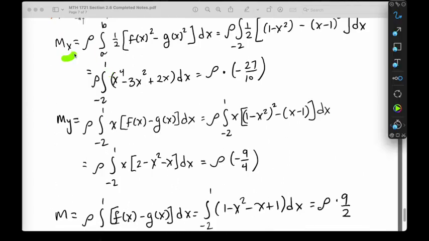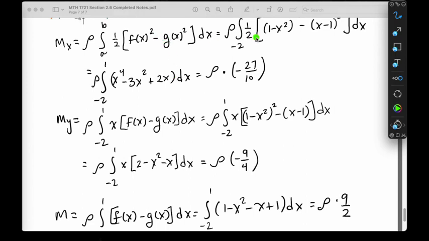So to find our moment about the x-axis, we're going to take rho and multiply it by the integral from -2 to 1. That's our interval of interest. And we're going to square each of those functions and then subtract them. So that's what we get here. But when we clean it up, we get this polynomial here, x to the 4th minus 3x squared plus 2x.